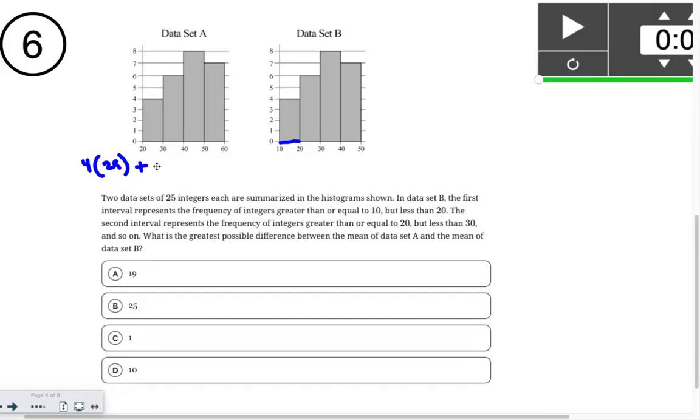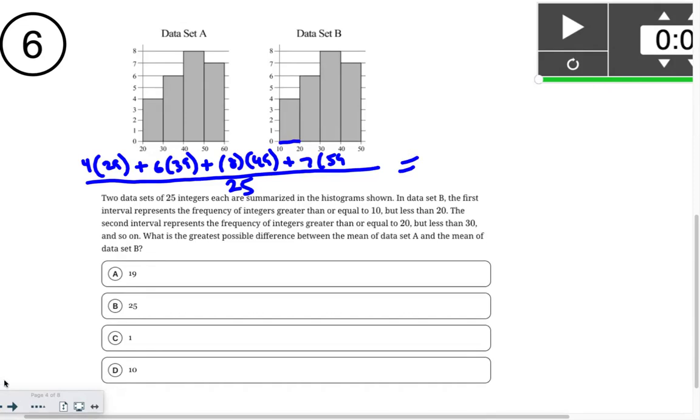Then 6 times 39, then 8 times 49, and then 7 times 59. And then I'm going to divide that by 25. Let me do that real quick in the calculator. And I get 46.2.